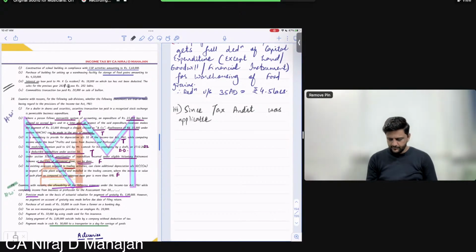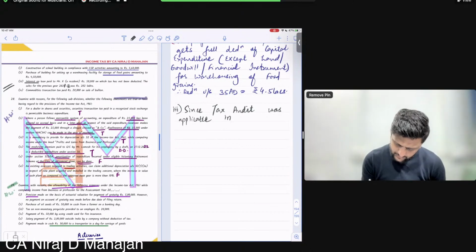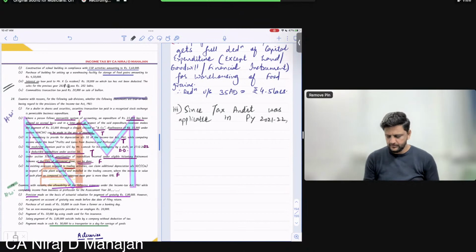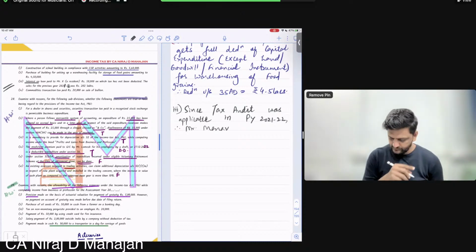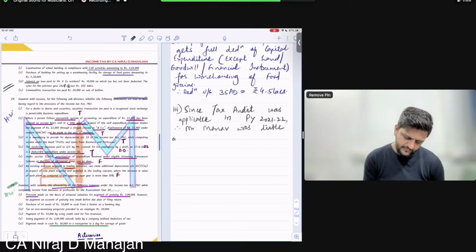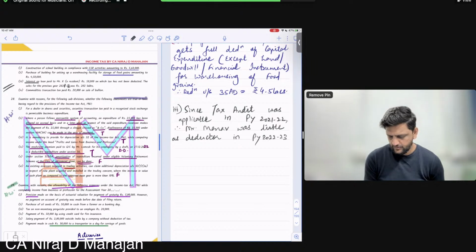Since tax audit was applicable in the PY 21-22, therefore Mr. Manav was liable as a deductor in the current year, PY 22-23.